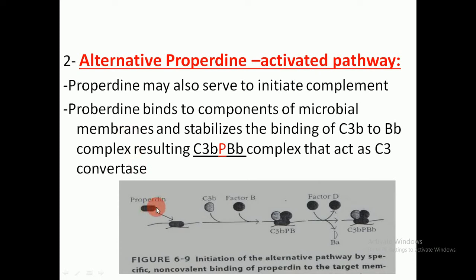This is properdin binding to the cell wall of the bacteria, for example, and stabilizing the binding of C3b to Bb, leading to complex formation, which is the C3bPBb complex. This acts as C3 convertase in the presence of factor D.